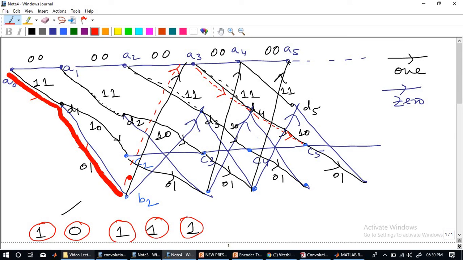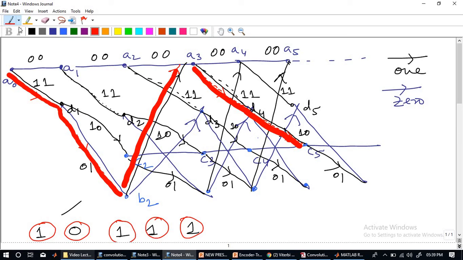I'll just mark the path that we are traversing. Is it clear? So now you check the corresponding output that you have, because the branch weight is already given.